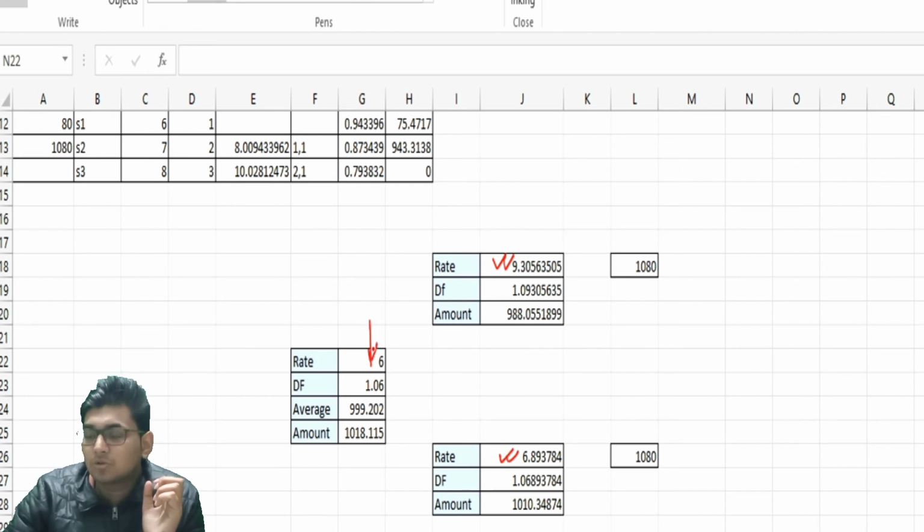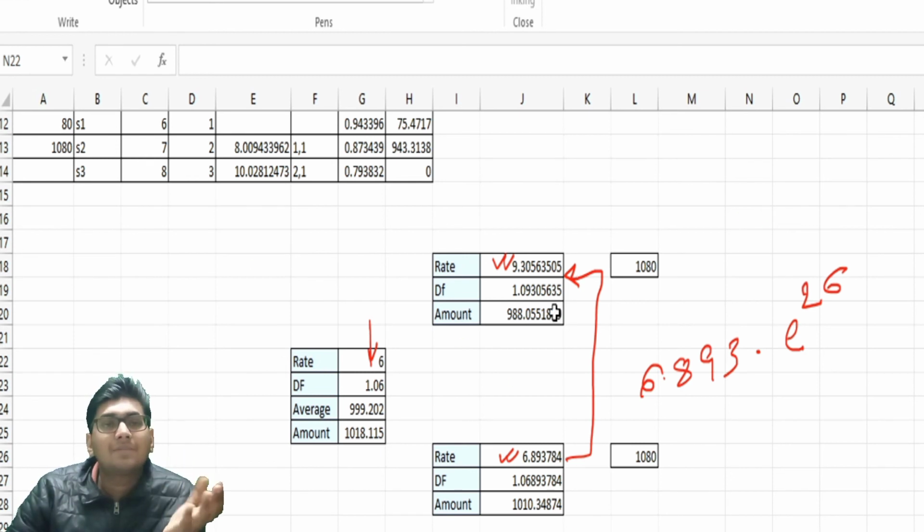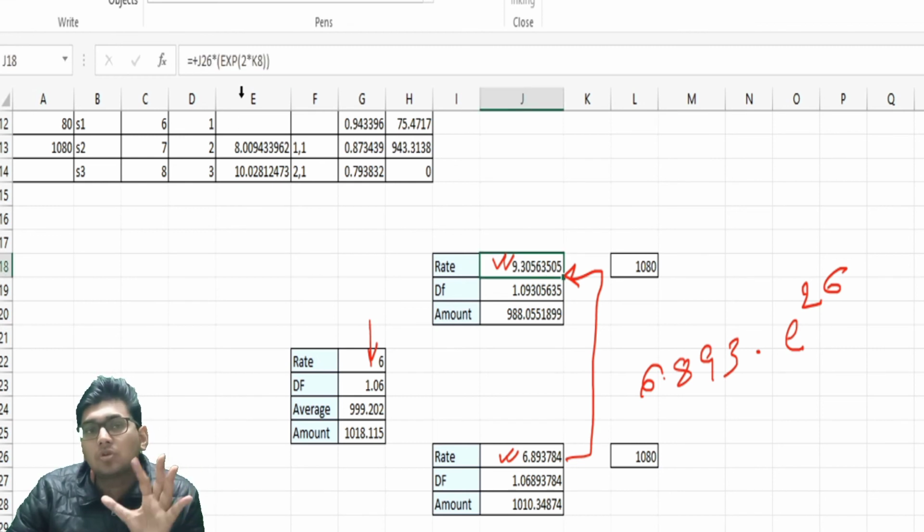If I show you, I have actually linked 9.30. You can see J26, that is 6.893 exponential 2 multiplied with volatility. So if my 6.893 changes, my 9.30 value will change automatically.